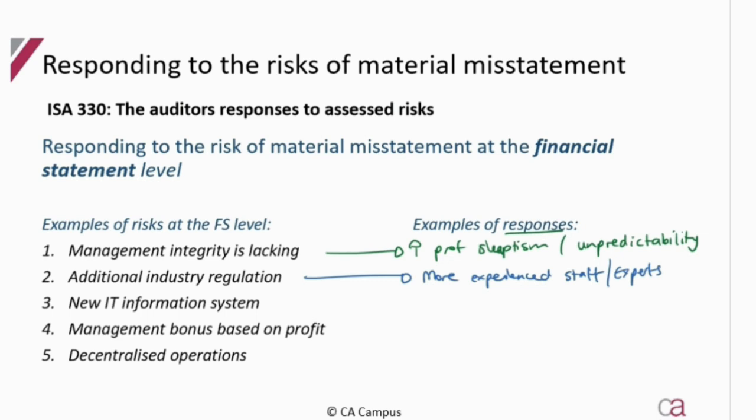If they have a new IT information system, so that's a huge part of their internal control and it's changed, we can adapt by getting more experienced staff. They will be able to pick up where the risks lie in that new information system. Or once again, we get our experts. More supervision from management of the audit team is going to be crucial in this situation.